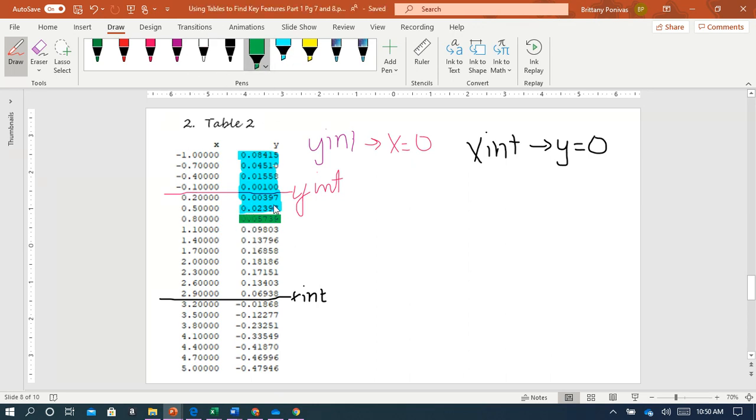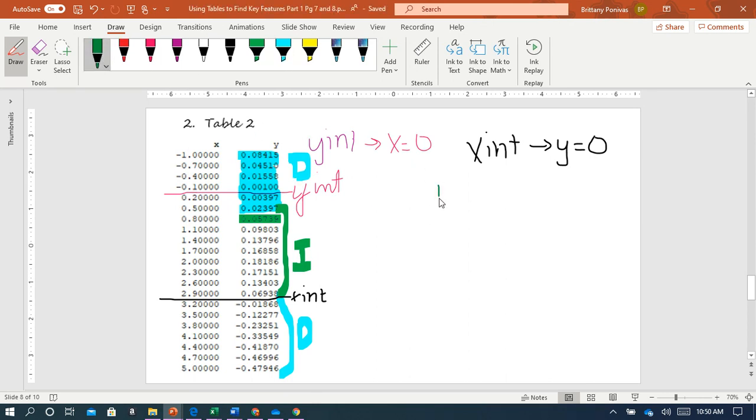Then it starts increasing here, and increases, increases, increases to here. And then from 0.06, decrease, decrease, decrease, decrease. So this is a decrease, increase, decrease.